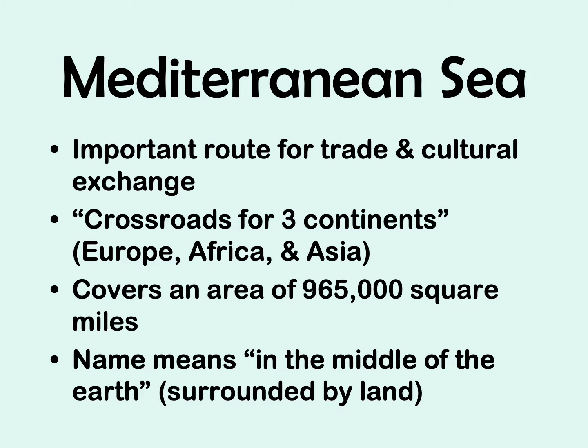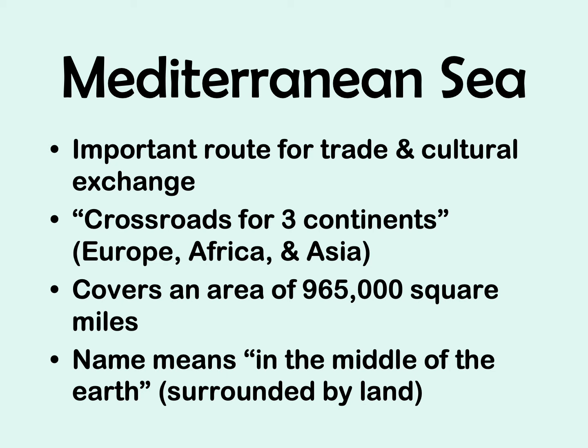Now, talking about some waterways. We're going to talk about the Mediterranean Sea. It's an important route for trade and cultural exchange, and it's the crossroads for three continents. I'll show you a picture in just a second. It is in between Europe, Africa, and Asia, and it's going to cover an area of 965,000 square miles.